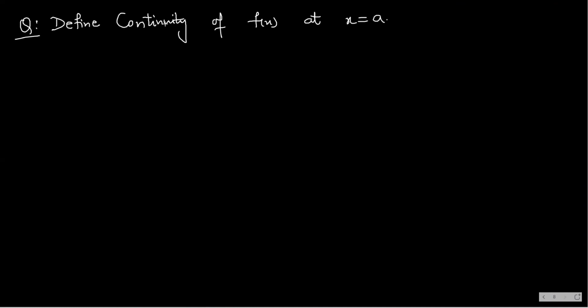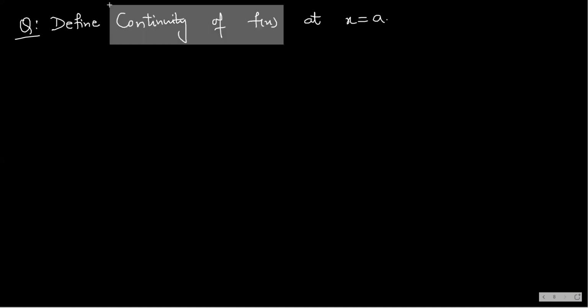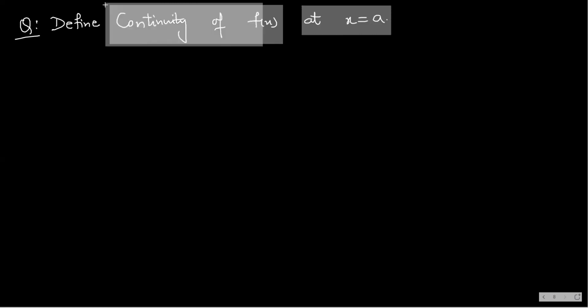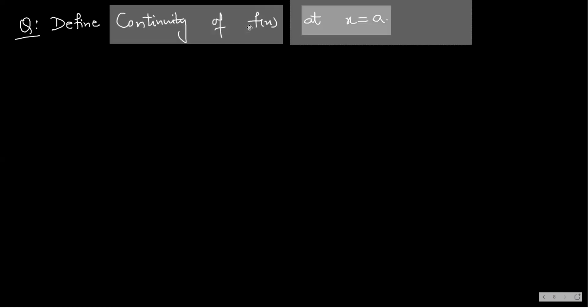Remember students, what are we going to do in this topic? We are going to examine, we are going to test the continuity of a function at a point x equals to a.